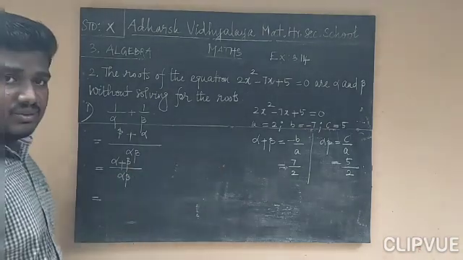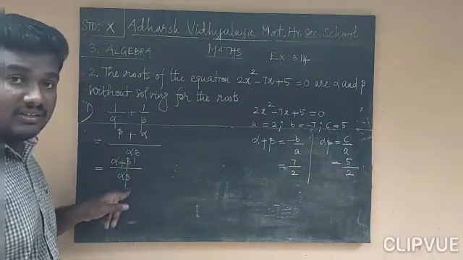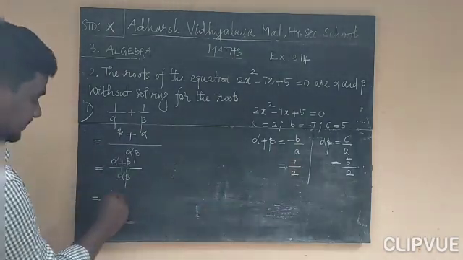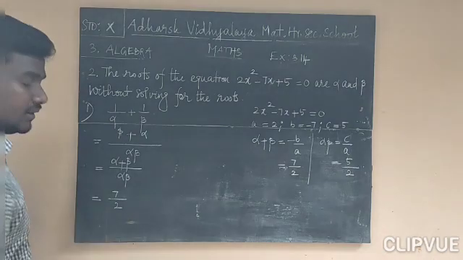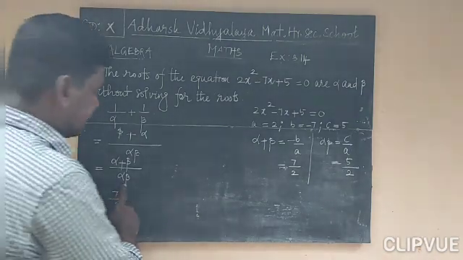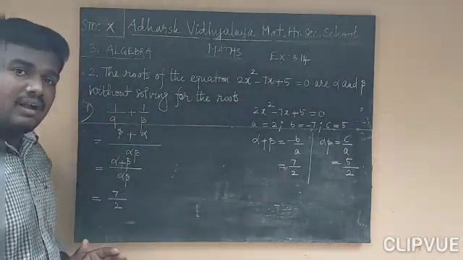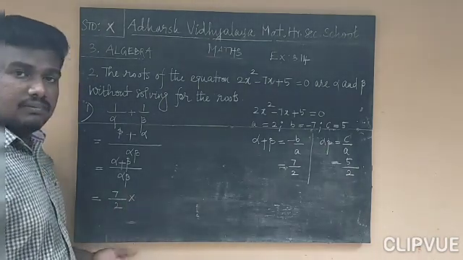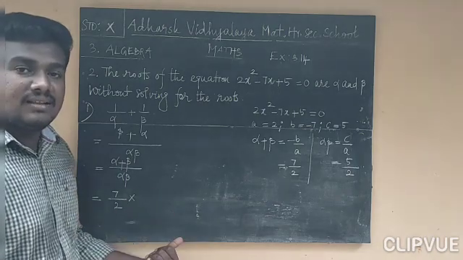Now replace their values. We know alpha plus beta and alpha into beta. What is alpha plus beta? That is 7 by 2. Here we replace, whole divided by alpha beta. If the denominator is also a fraction, we can write it as a multiplication sign and then the reciprocal.